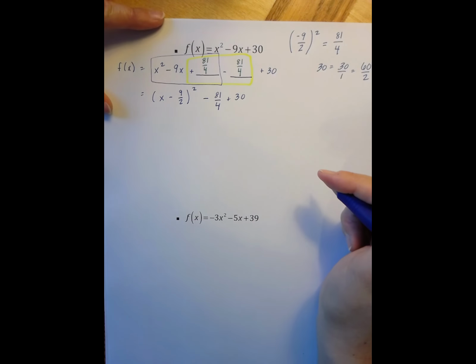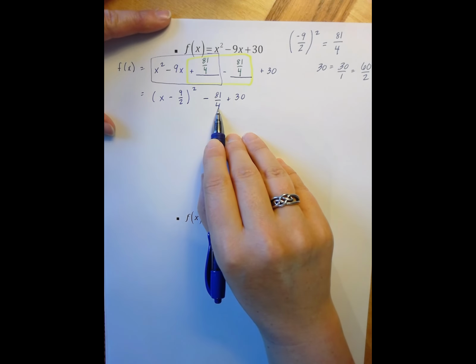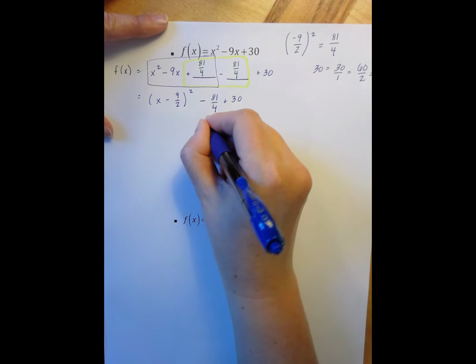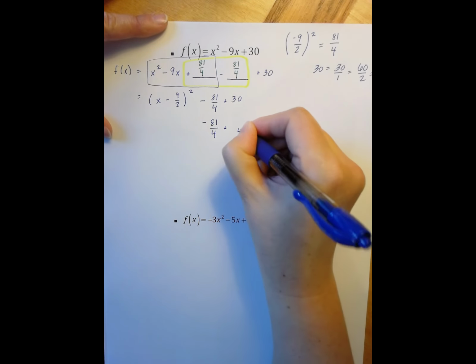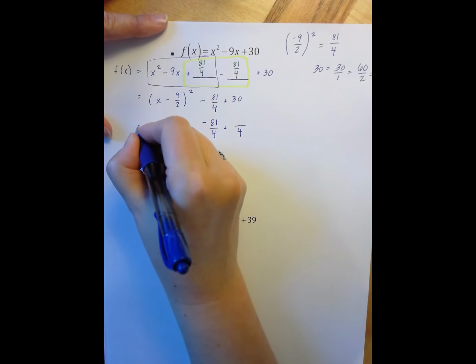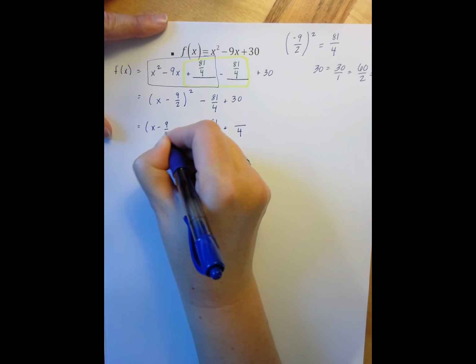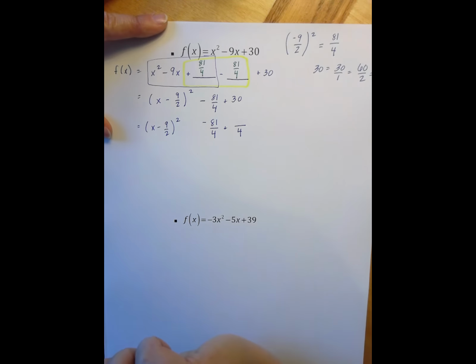I want the 30 written so that it has a denominator of 4. So I still have my −81/4, but I want to rewrite my 30 so that it's some number over 4. So I'm going to need to ask myself, what number divided by 4 equals 30?